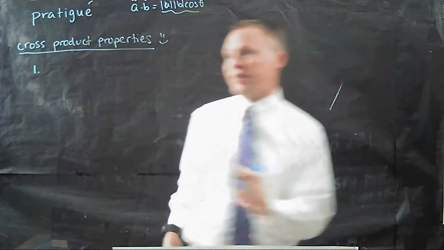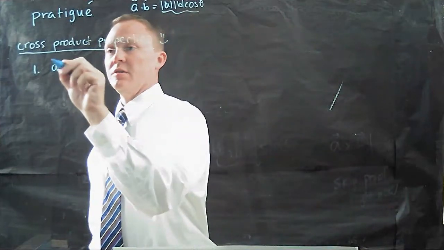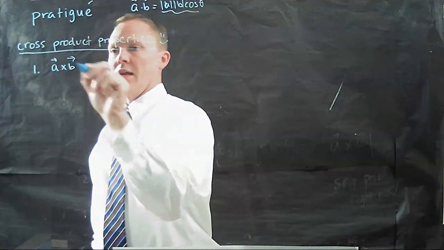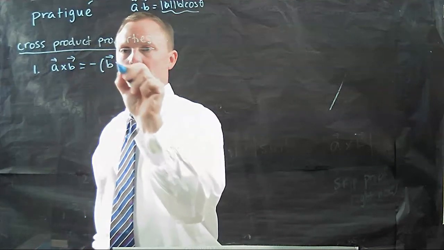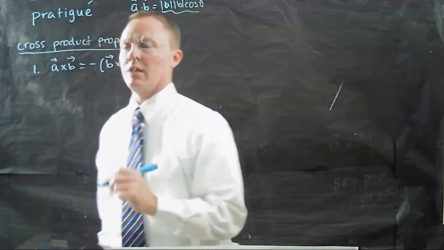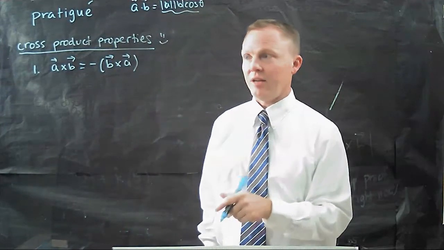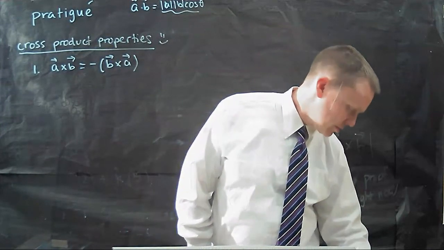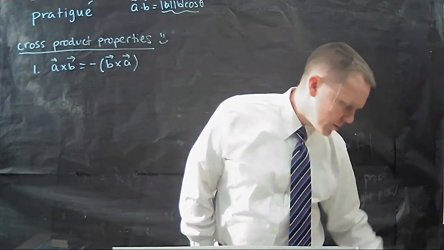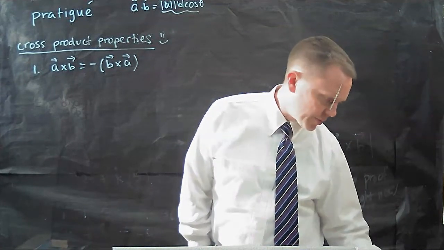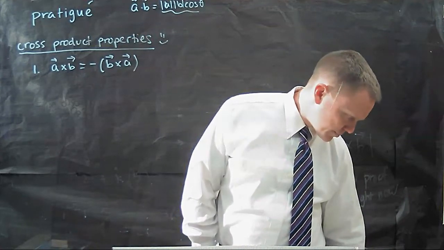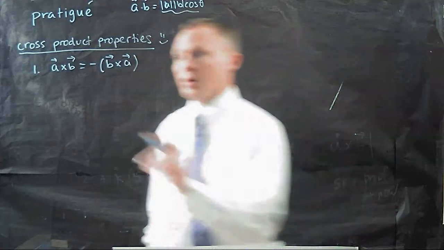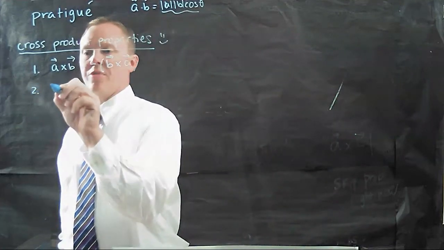Okay, so we already said that the cross product is not commutative. A cross B doesn't equal B cross A. It equals the opposite. But there are distributive properties that work.